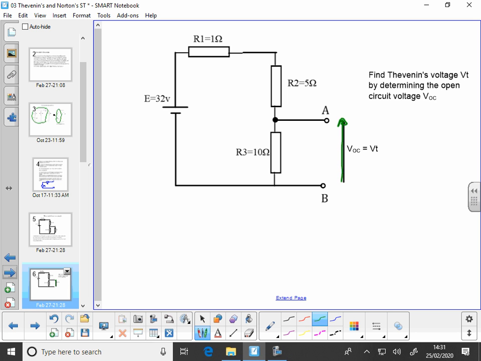Now you should know that is the same as this voltage across VR3, because there is a Kirchhoff's voltage law loop. We've got one clockwise arrow and one anti-clockwise arrow, so those two voltages must be equal. So if we can find VR3, we've found the open circuit voltage, therefore we've found Vt. So how would we do that analysis? How are you going to do that?